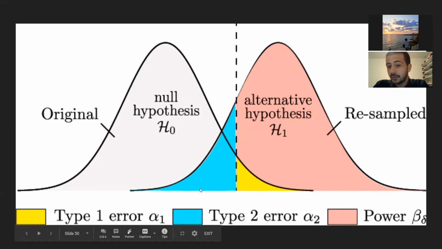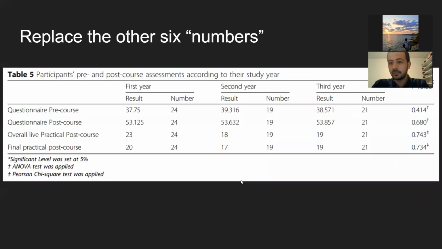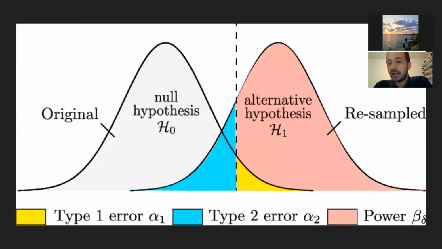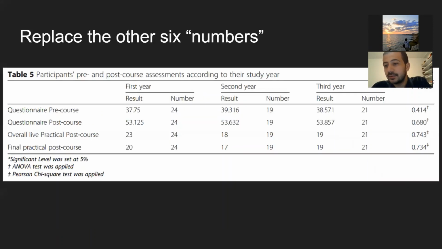Okay, for example, the 0.68 means that you have a 32% chance that the alternative hypothesis is right. Okay, but when you are 91% here, then yeah, you are just 9% rejecting the alternative hypothesis while it is right.